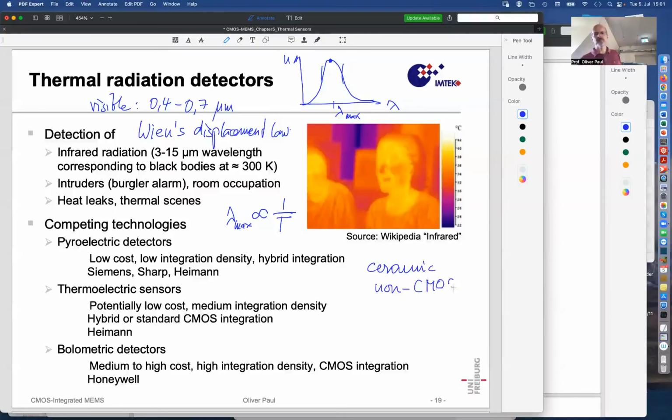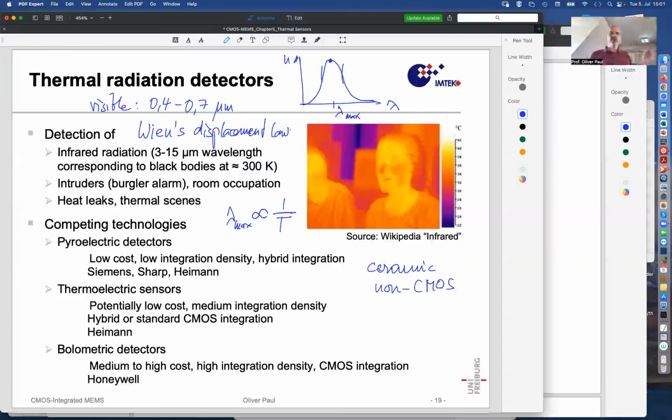There have been attempts to combine these ceramic materials with CMOS subsystems, but the processing of the ceramics requires very high temperatures, sintering at many hundreds of degrees. That is totally incompatible with CMOS technology. So this is a world apart, and companies are making a lot of money with pyroelectric detectors, and most of the detectors you see above the doors are made from these ceramic flakes.